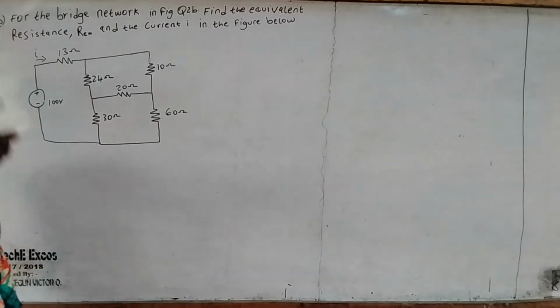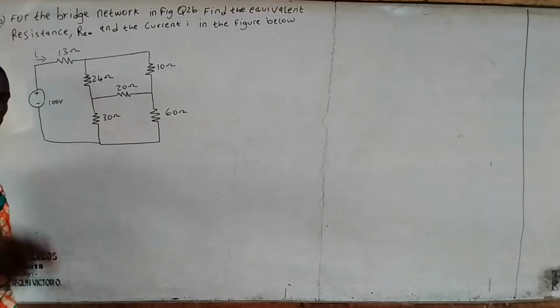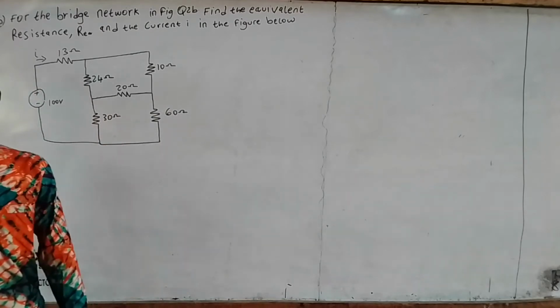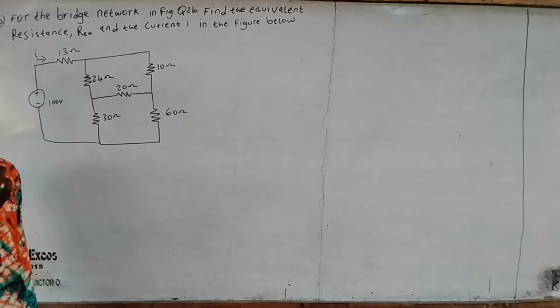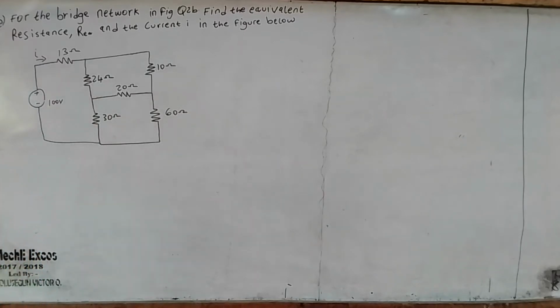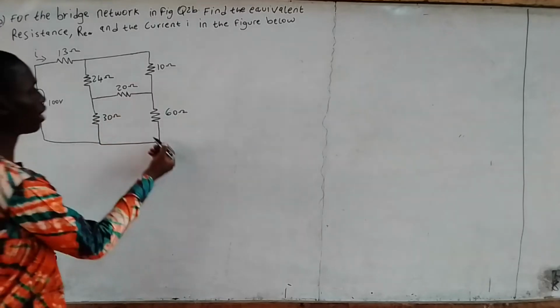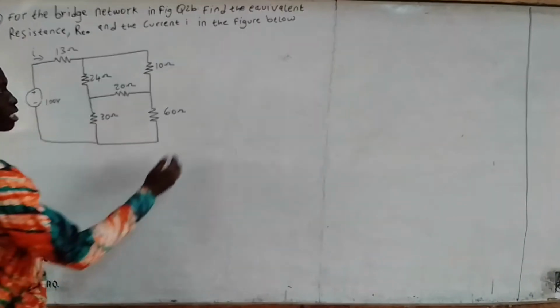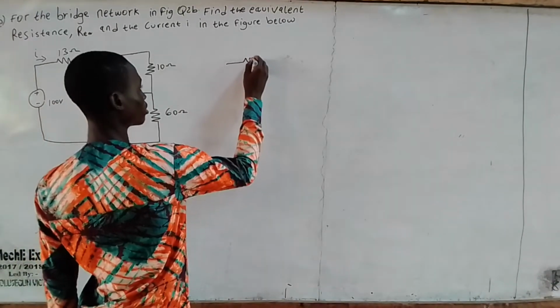First thing I would like to ask you watching this video right now: what do you observe in this circuit? Do you see any star there? Can you picture a star here? Okay, look at this. Remember we draw a star like this, exactly like this.